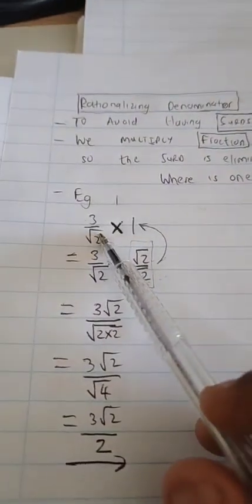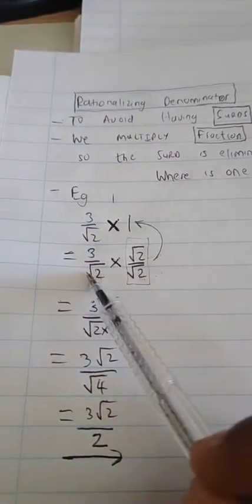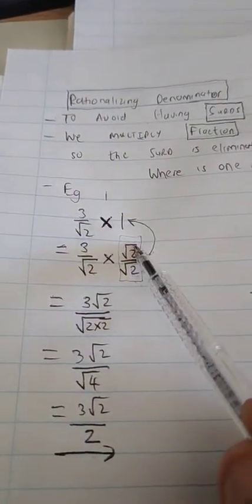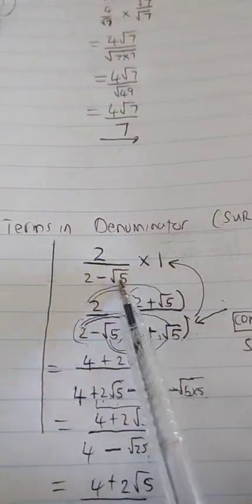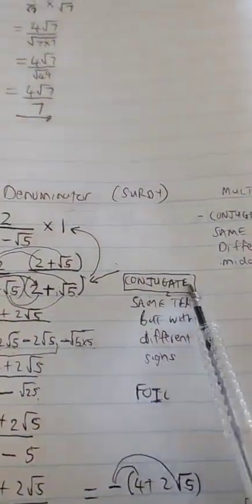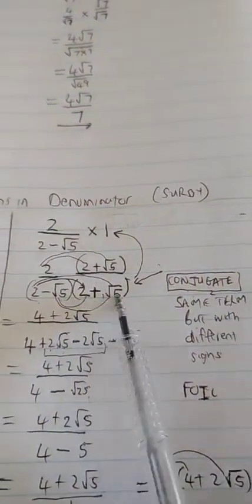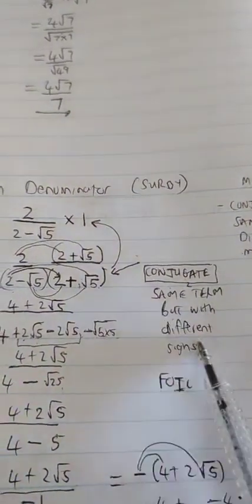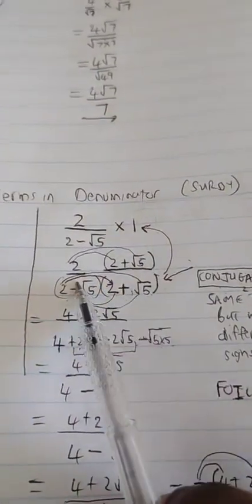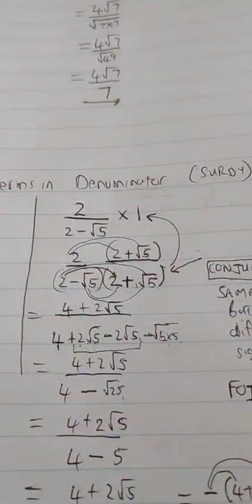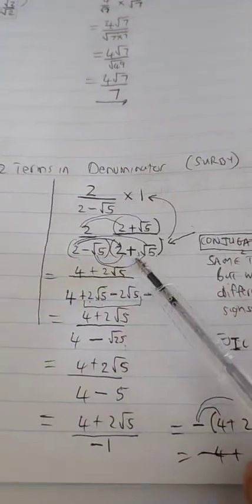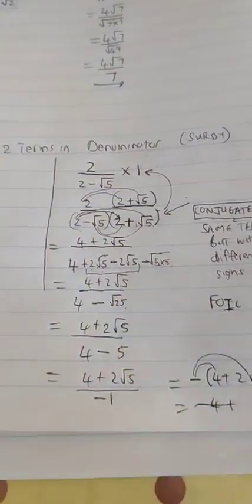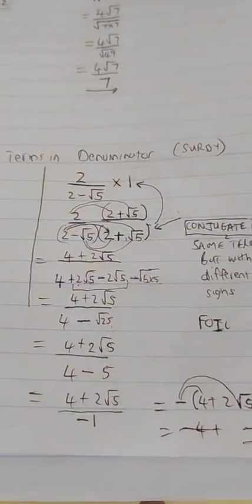So one surd denominator, you multiply by that surd. 2 terms in the denominator and there's a surd, you multiply by the conjugate. What is a conjugate? It's an expression with the same terms but with a different sign from what you had in the denominator. And it works like a charm, so that you are able to do what at the end of the day? Eliminate the surd from the denominator.